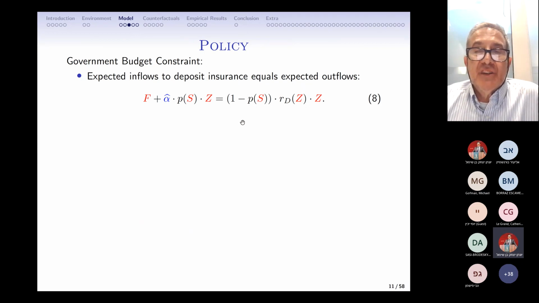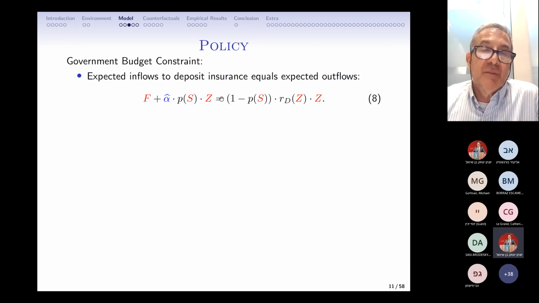Here's the government budget constraint. In cases where there are failures, deposit insurance kicks in. So this would be the expected outflows associated with deposit insurance. And how is that funded?